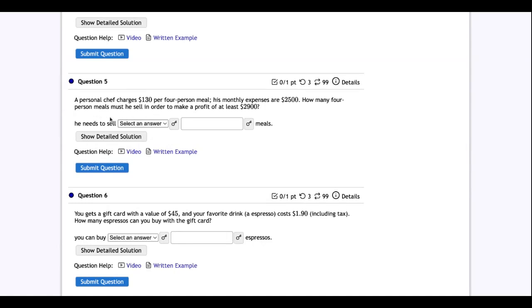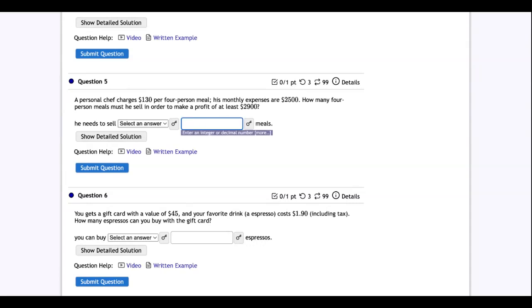Okay, let's see question 5. A personal chef charges 130 per 4-person meal. So his monthly expenses are 2,500. How many 4-person meals must he sell in order to make a profit at least, inequalities, right? At least this much.